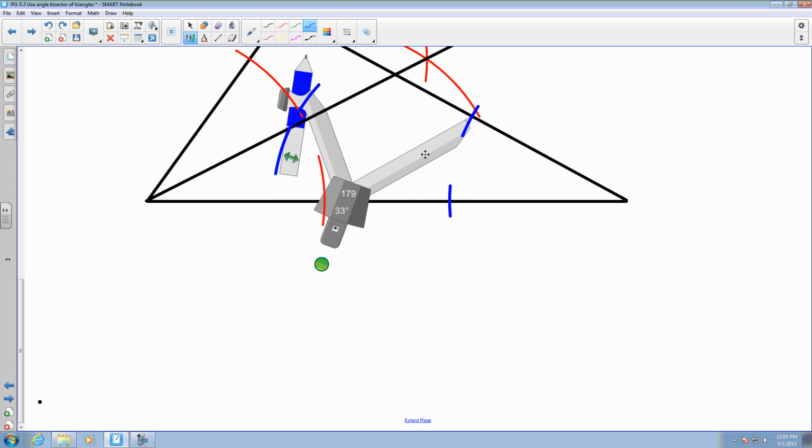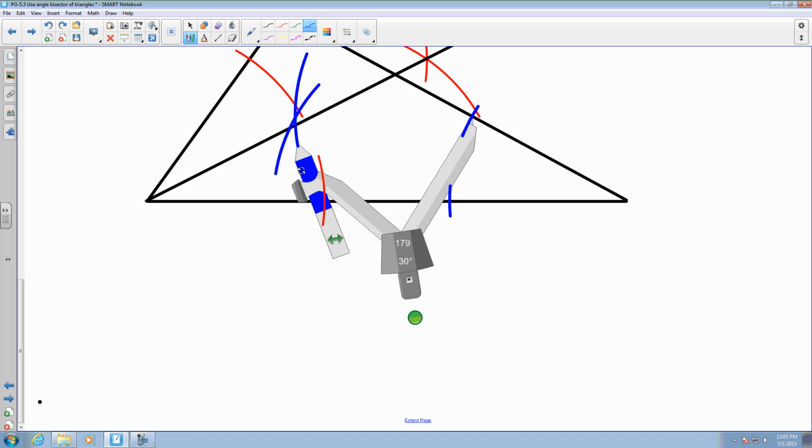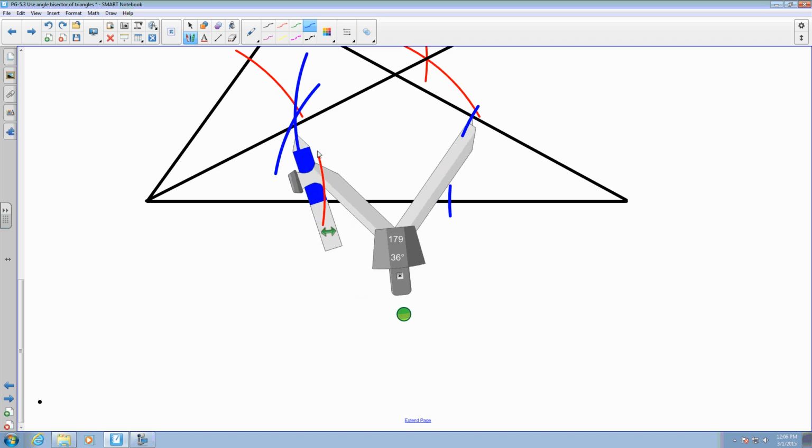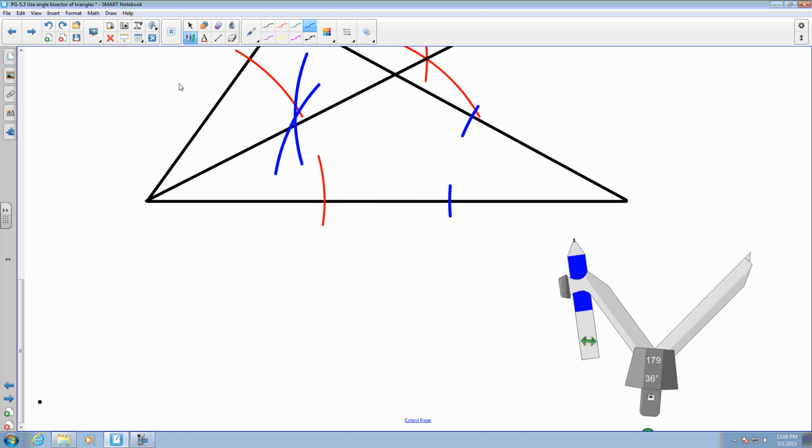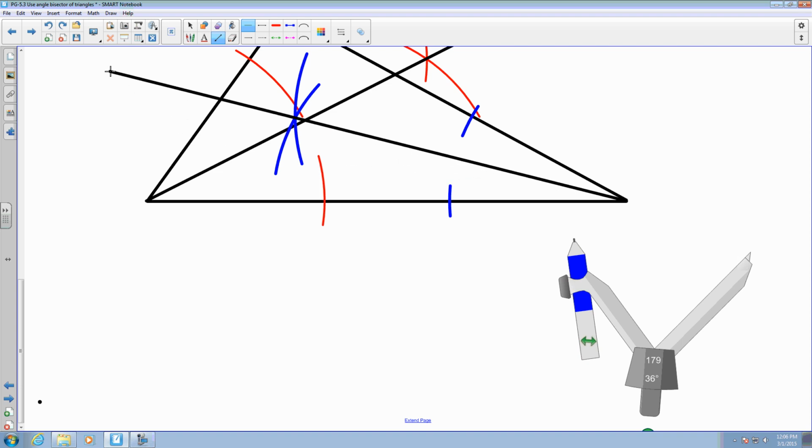Find it over here as well. So looks like something near here, so make a line from here to here.